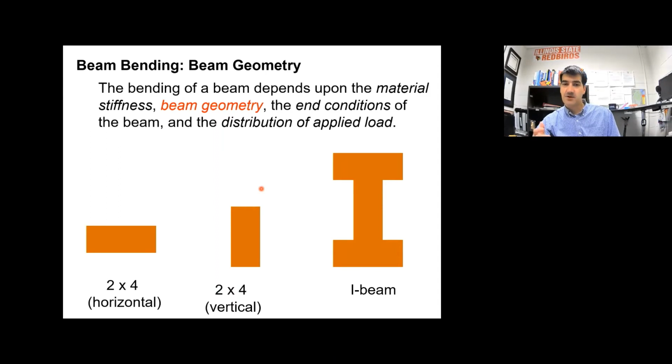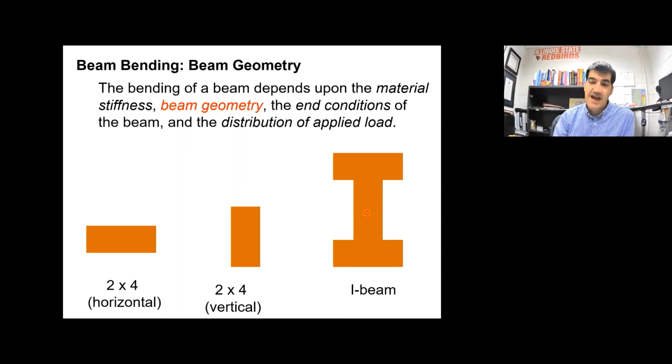If I had that little 1x2 that was horizontal, it could not support my body weight. But if I had it vertical, it could barely support my body weight, but it could support my body weight. If you had something larger like an I-beam, then if it was a large enough I-beam, then it could easily support my body weight and much more.